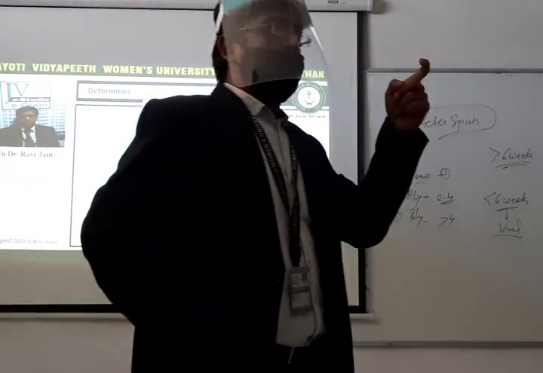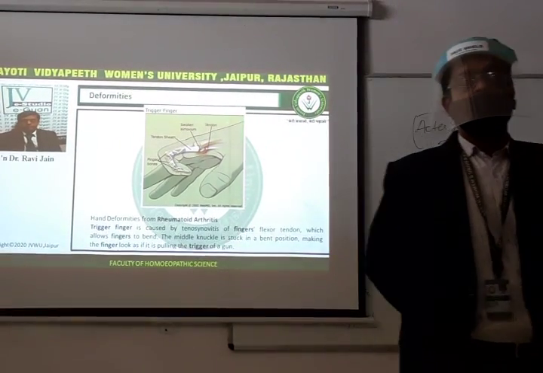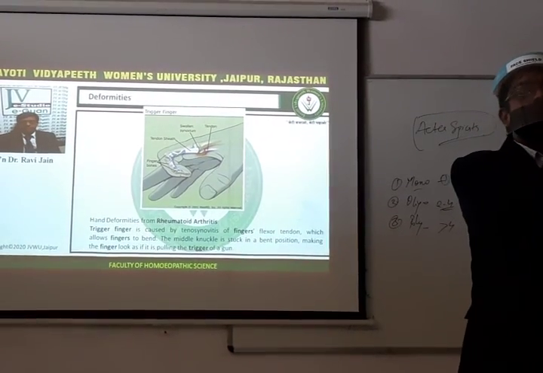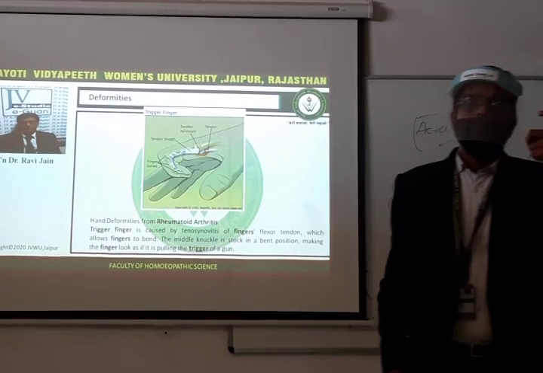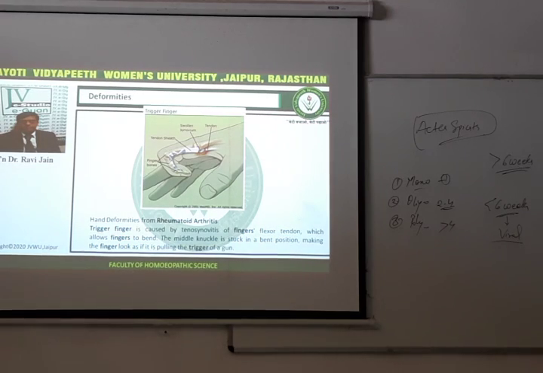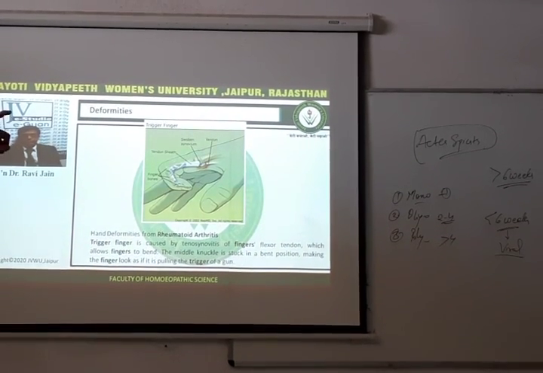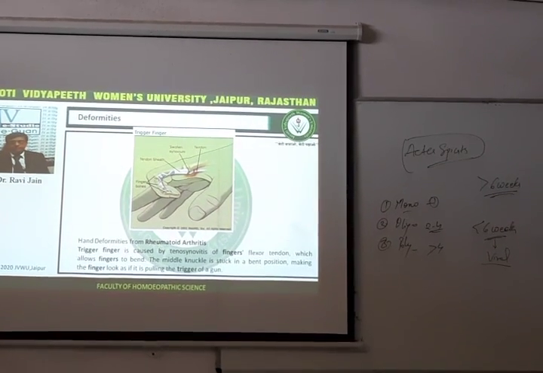This will be the deformity, known as flexor tendon tenosynovitis and also as trigger finger. The finger cannot be extended, but will always remain like this only. Therefore it is called a deformity. Why is this happening? Because there is fusion of the joint. The bones get fused together and the fingers remain like this always.